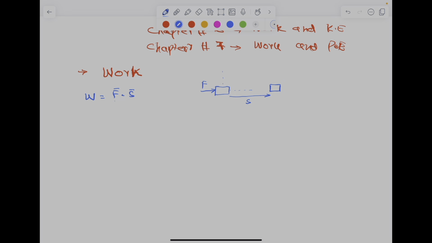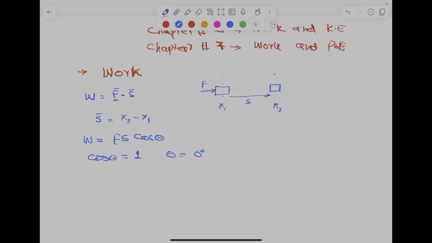For example, this is the position of the body, x1, and this is the position of the body, x2. So s, which is the displacement, is nothing but x2 minus x1. So work is a dot product between the force and the displacement, and we can write this dot product as F s cosine theta, and cosine theta is maximum when theta is 0 degrees.